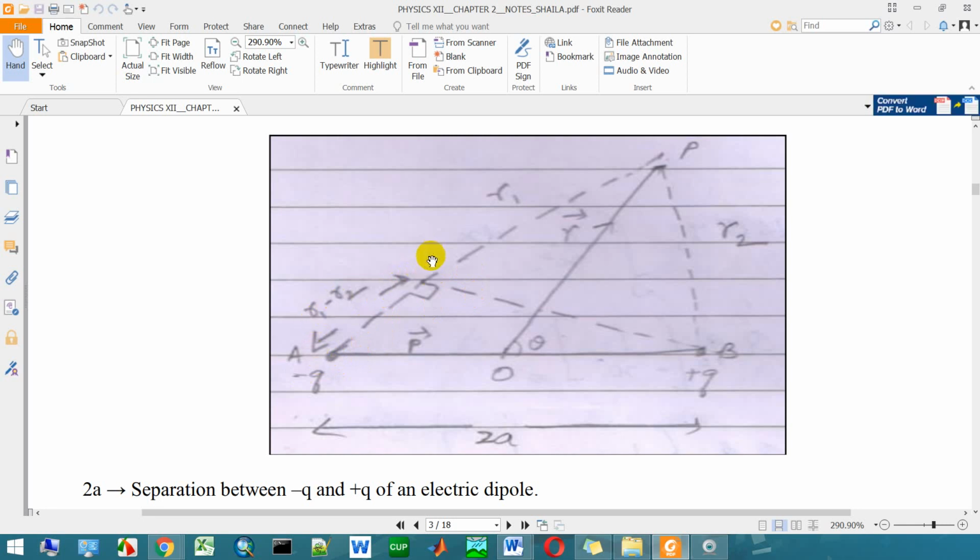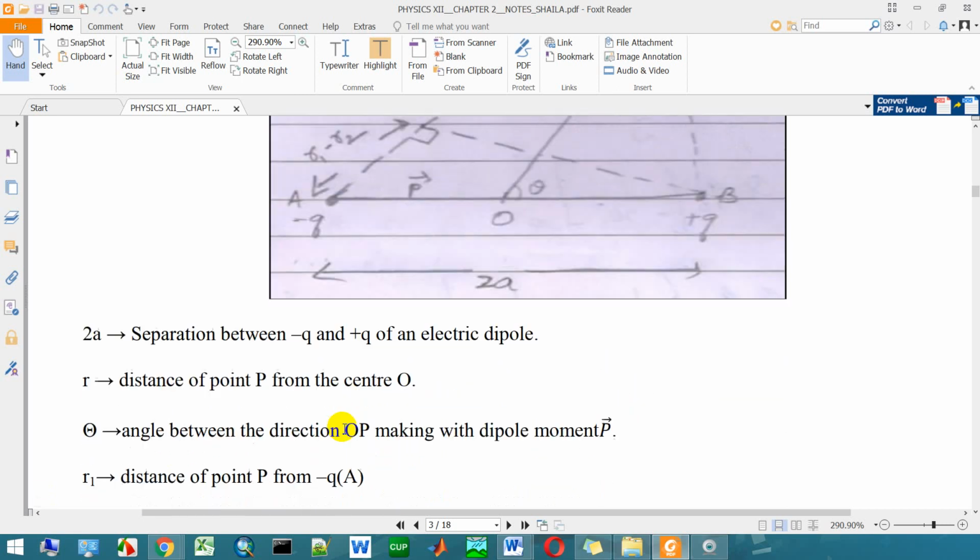If I consider this as N, this AN is r1 minus r2, and this difference is very small. It is not equal to 0, but it is nearly equal to 0. That means this is a very small difference. In the diagram, it seems that the difference is big, but actually it is not a big difference because a dipole normally is a short dipole.